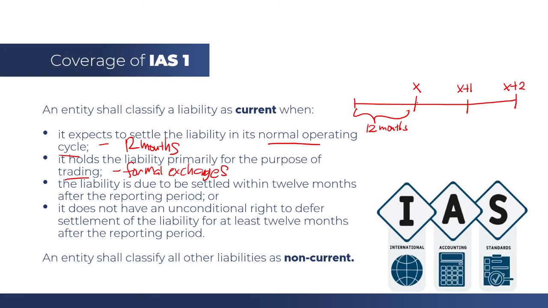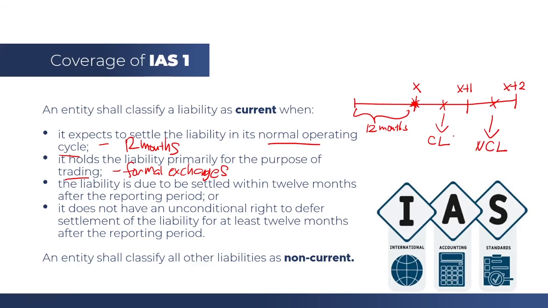So if you're doing a financial statement as of this period, and the liability is due to be settled within 12 months after the reporting period, then it is current. If, as of this date, you have a liability that is due to be paid, then it is a current liability. But if the liability is due to be settled as of this later date, it's a non-current liability.